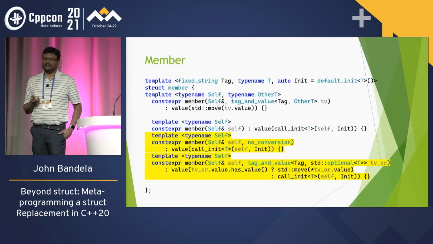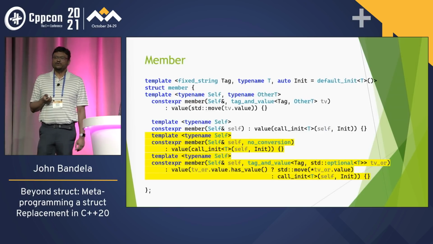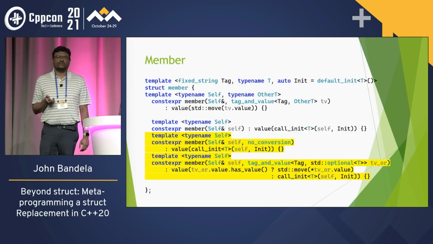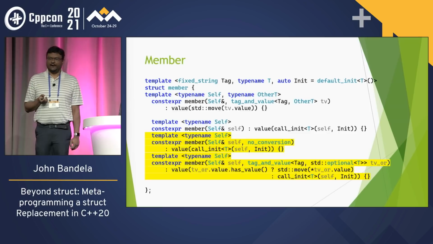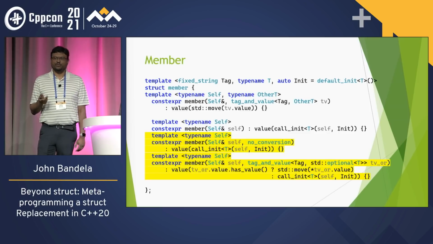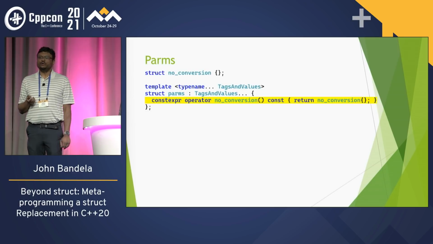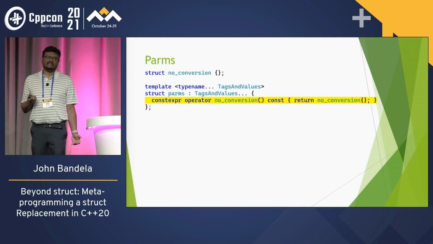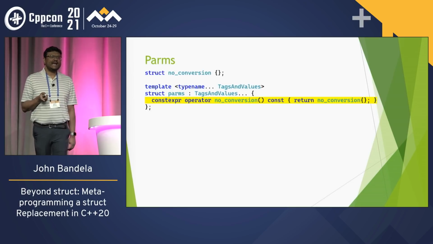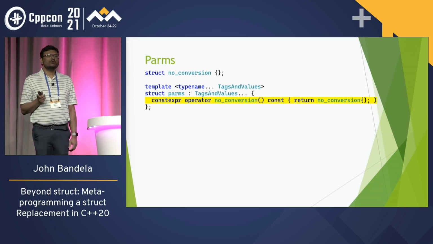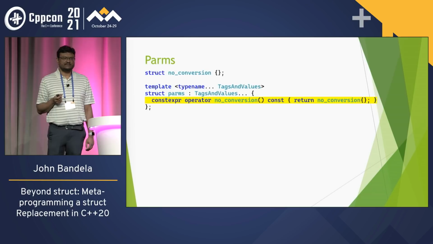So how do we do that? What we do is we add an overload that takes a self and a no conversion type. And then we add the optional one below, so two of them. But the more interesting one is the one that takes the no conversion. No conversion is just an empty struct. And in Parms, we add a no conversion operator to that.